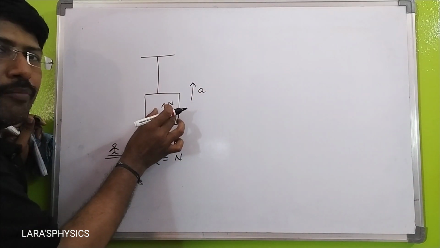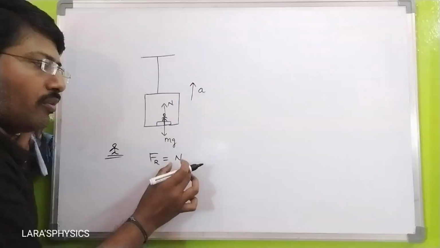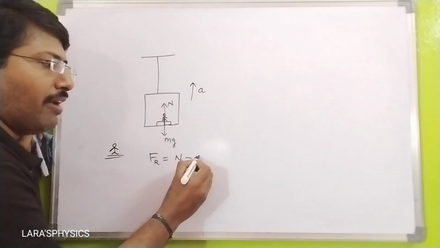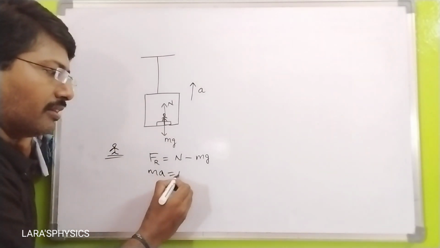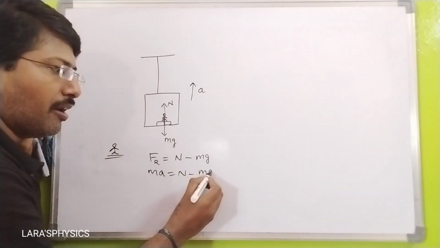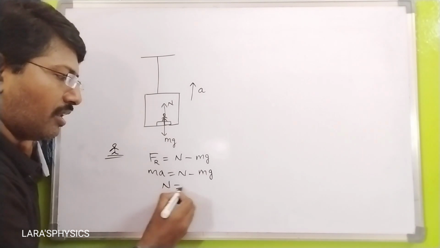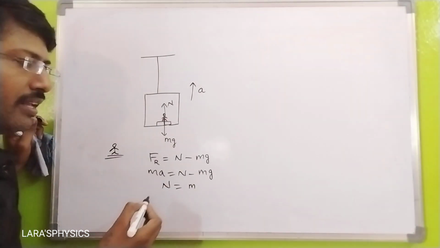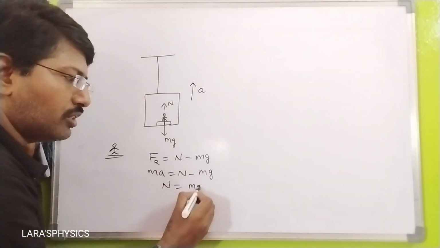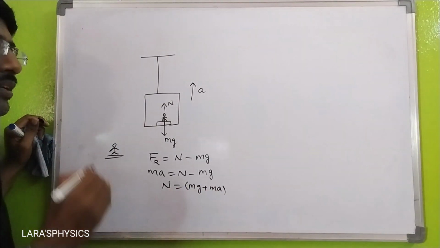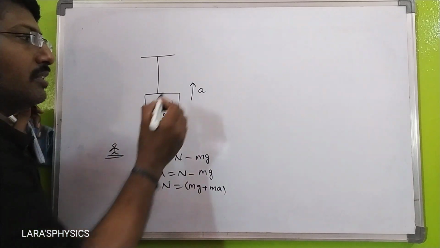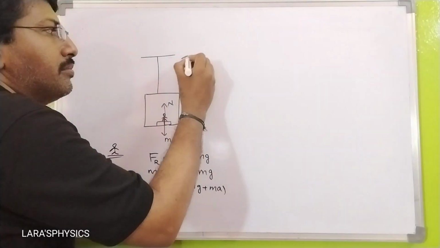Taking the normal reaction first, N minus the weight acting downward, so F equals ma, that equals N minus mg. So the normal reaction N equals mg plus ma. Okay, this is the inertial frame.